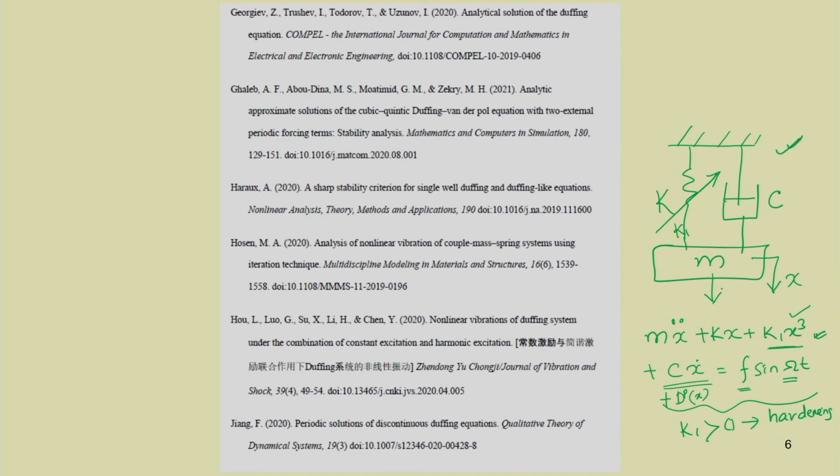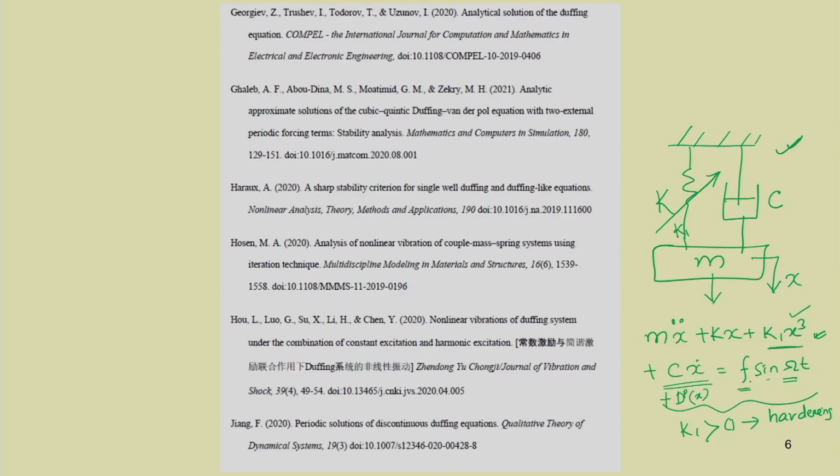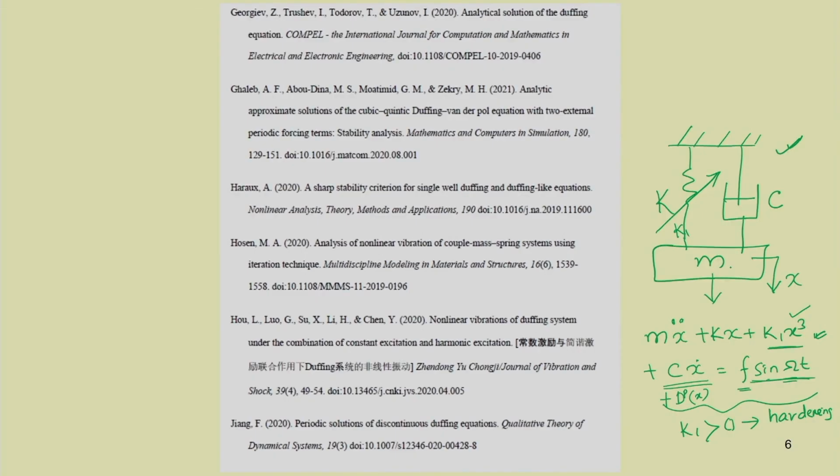Here the forcing can be taken as a simple harmonic forcing, or it can be taken in many different ways. Two frequencies can be taken or multiple frequencies can be taken, or stochastic type of forcing can also be given to the system.